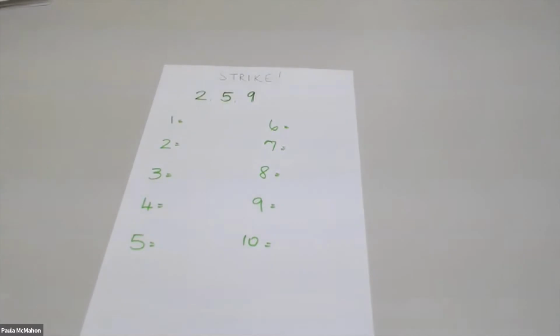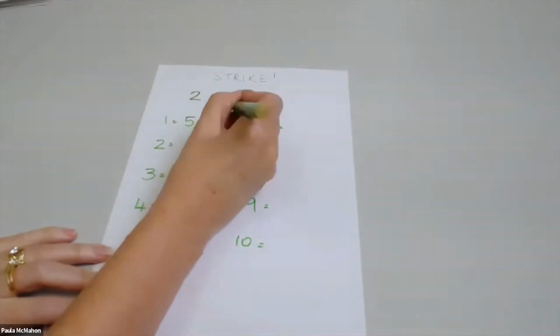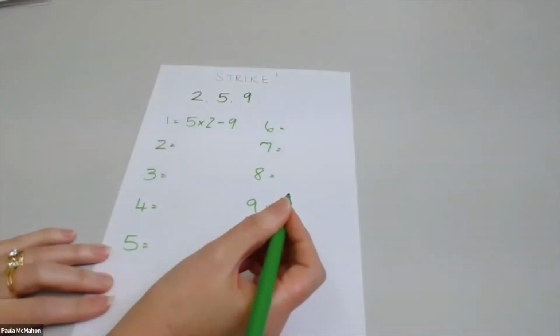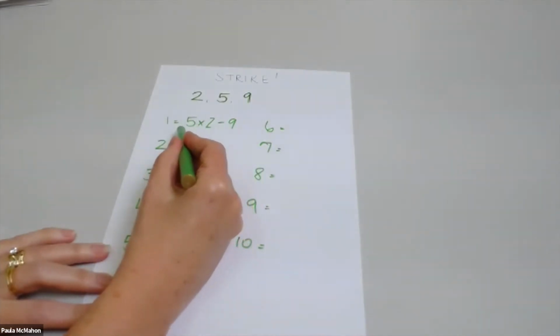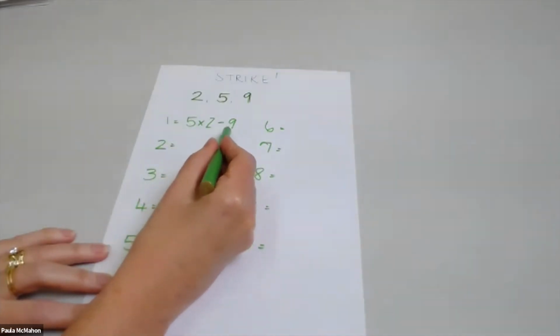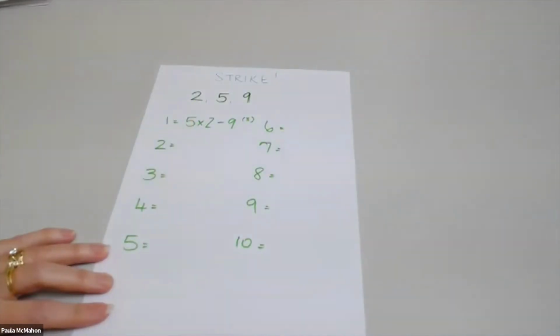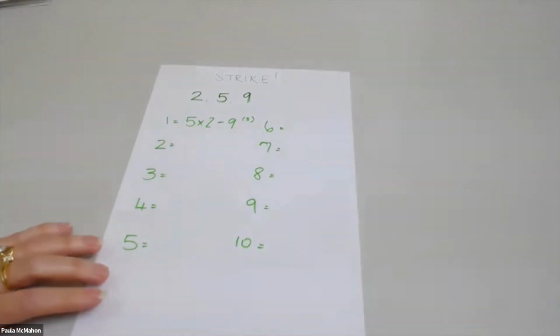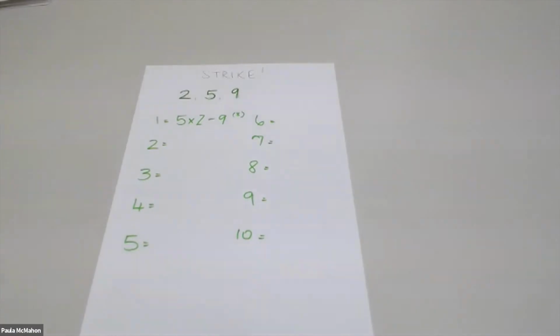So for example, here is a way to make 1. I can do 5 times 2, take away 9 is equal to 1. And because this number sentence is mathematically correct, and I've used all 3 numbers, I score 3 points.